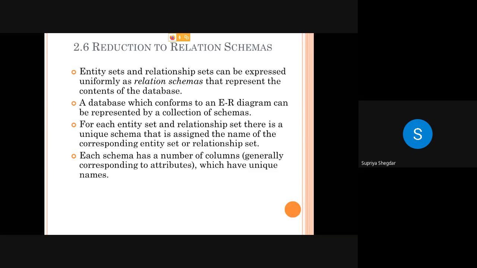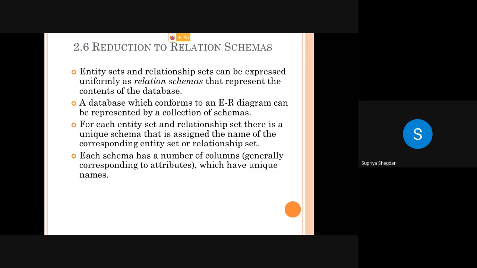Means we can directly assign the name of the entity set to the name of the table. Means if in my diagram the employee entity set is there, then in my database I can give the name of the table as employee. Okay, if the relationship is employee department, then I can give directly employee department as a name to the table.